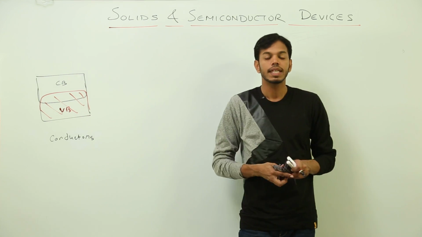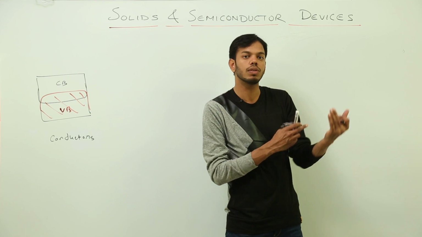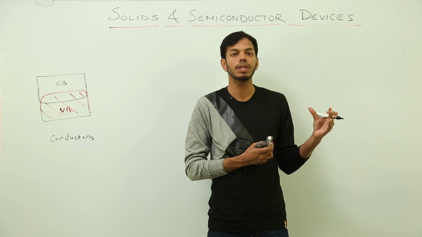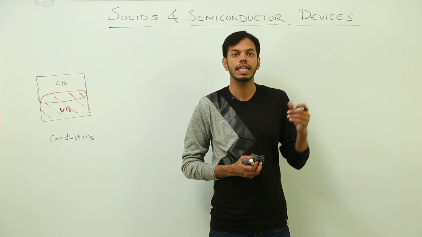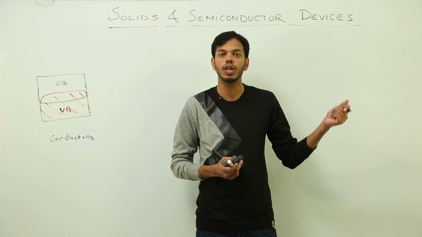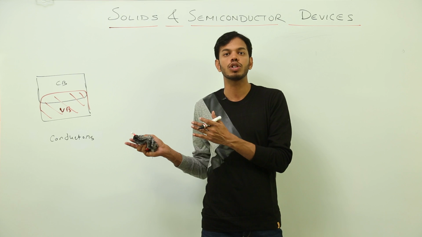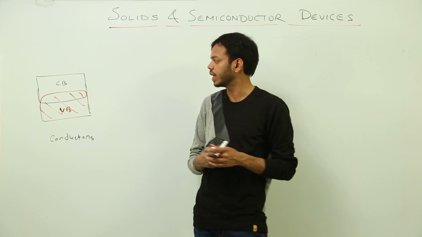That is because these valence electrons are at such a large distance from the nucleus that even with the application of the smallest electric field, they'll start drifting in the direction opposite to the electric field. Why? Because electrons are negatively charged, they'll drift opposite to the applied electric field, right?